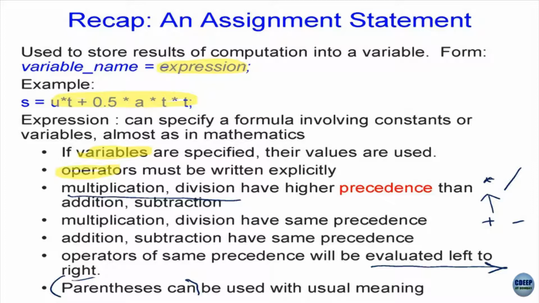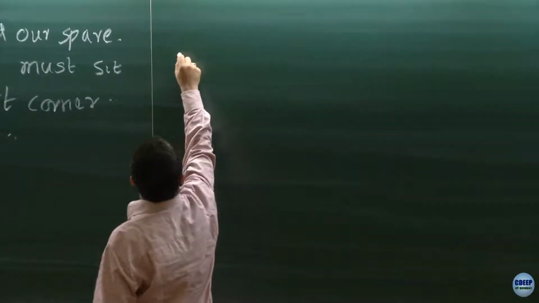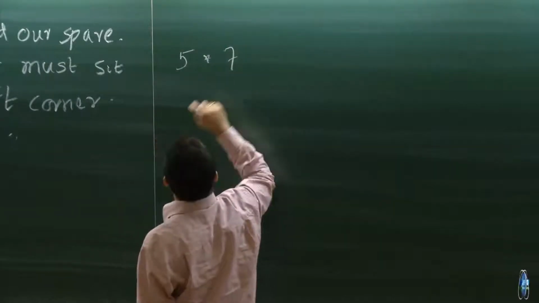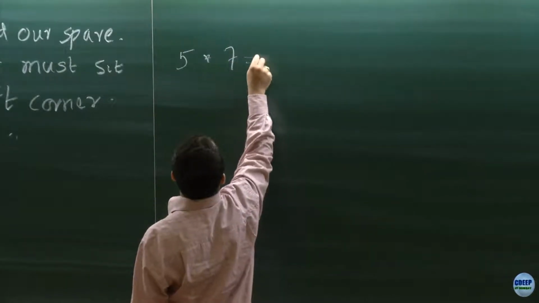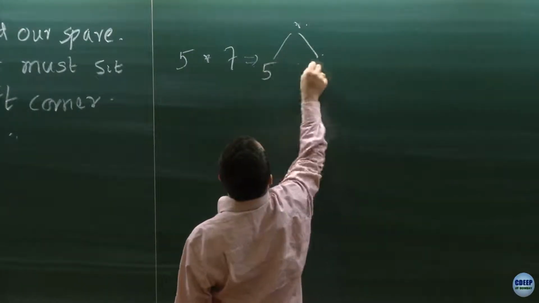All this becomes a lot more convenient if you think in terms of evaluation trees. So let's look at some evaluation trees. So if you have 5 into 7, you could express this as follows.